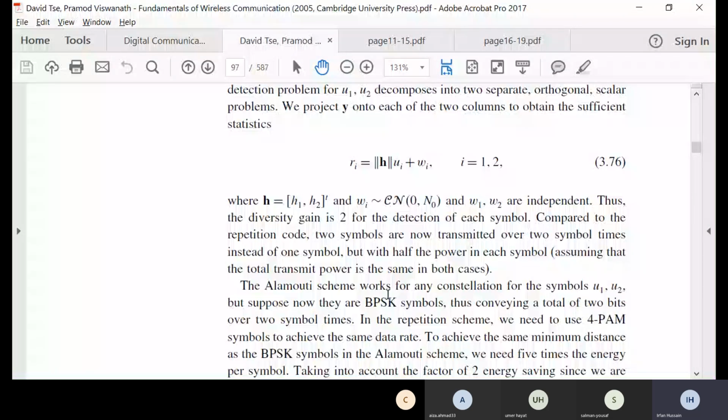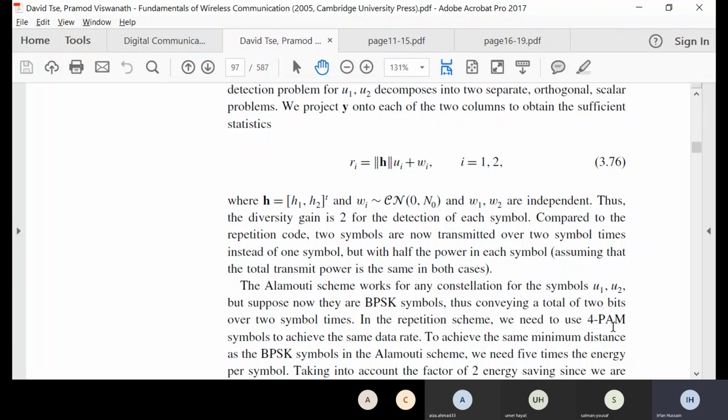Now, if I compare this with repetition, and I want to keep the data rate the same, I want both the schemes, PAM over repetition and BPSK over LMOT, to have the same data rate. So I must use 4PAM, because 4PAM has 4 symbols, if you remember: minus 3b, minus b, plus b, plus 3b.